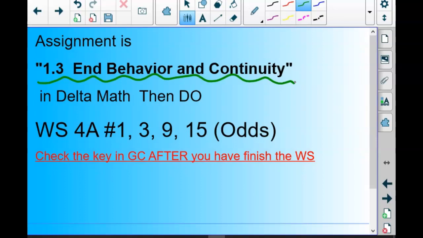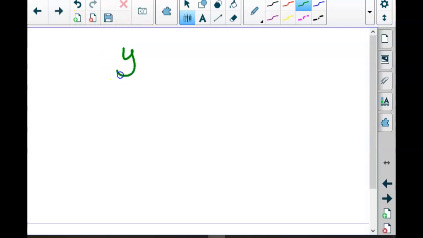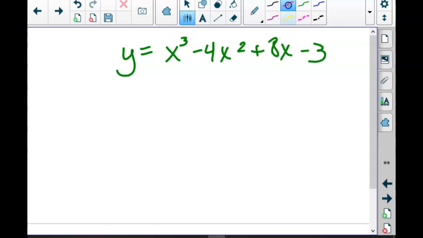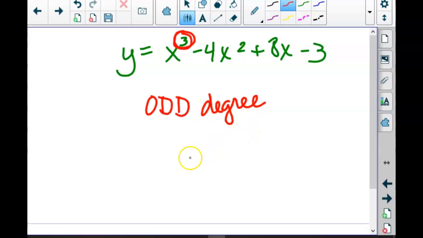There might be some end behaviors based on an equation. Does anybody remember we talked about this yesterday? What's the degree of this? The degree is the highest exponent. We talked briefly about this yesterday. If it's odd degree, both ends have to go opposite directions.